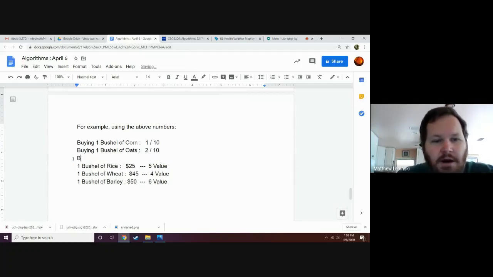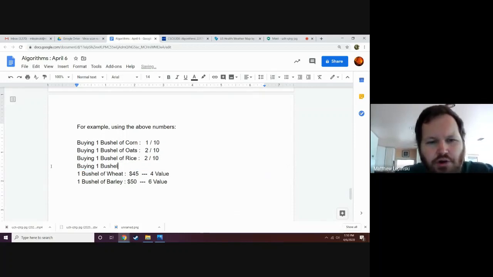Then buying 1 bushel of rice is 5/25. This is also 2/10.